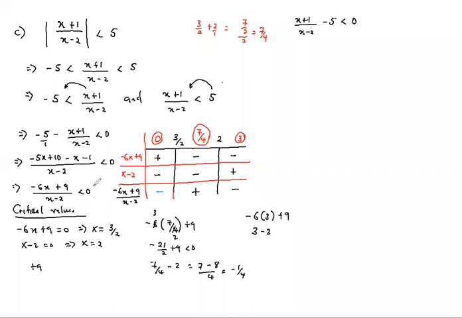So we'll go where the expression is less than 0, and those parts are this section and this section. So our solution set for this inequality is negative infinity all the way up to 3/2, closed, union 2 up to positive infinity. That will be our solution set for this piece.